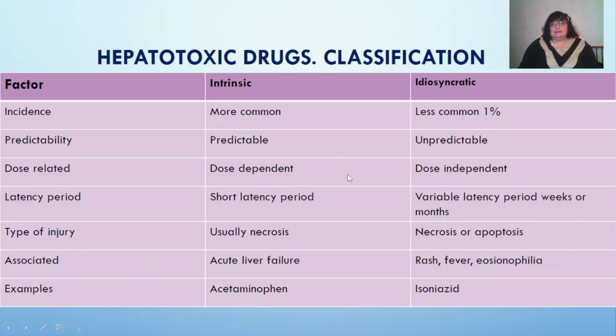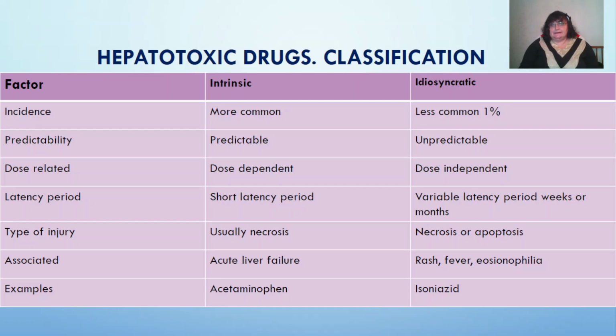Hepatotoxic drugs classification. You see factors, you see a comparative characteristic of intrinsic and idiosyncratic DILI. Factor incidence: more common is intrinsic DILI, idiosyncratic is less, about 1%.